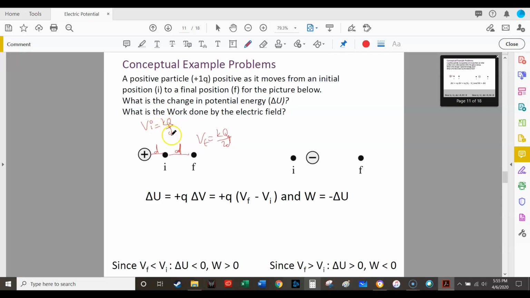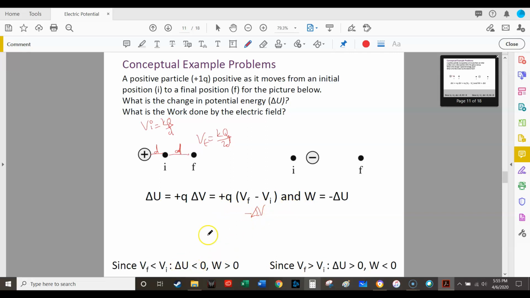So the voltage at I is greater than the voltage at F. And what does that mean? Well, if VI is greater than the voltage at F, then delta V here is going to be negative for this case. And a positive Q times a negative delta V will be a negative Q delta V, right?